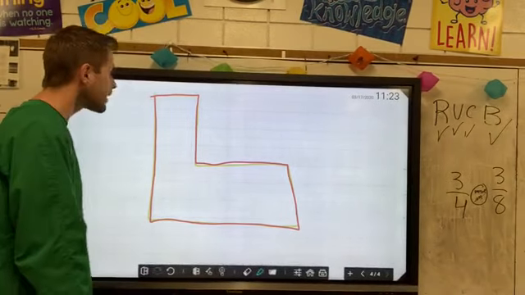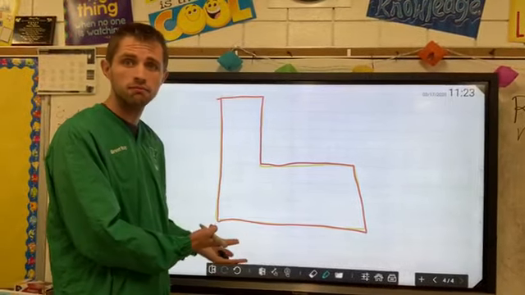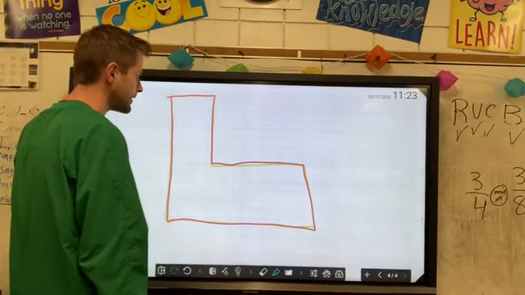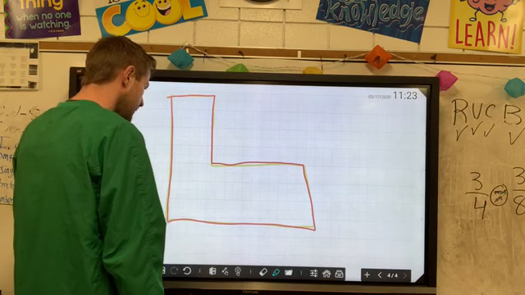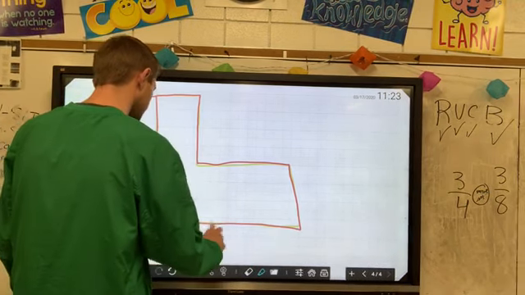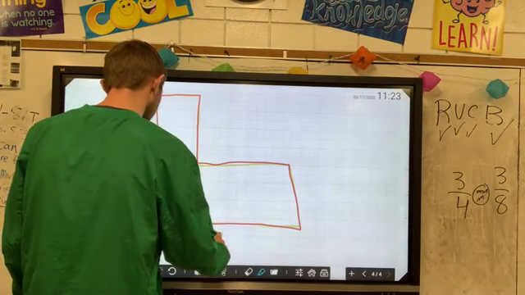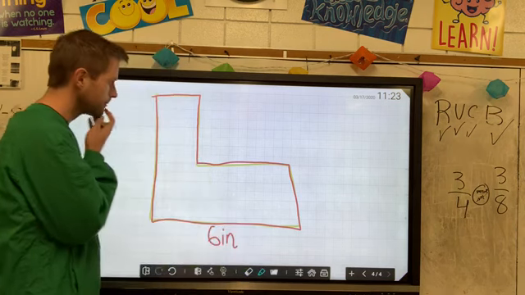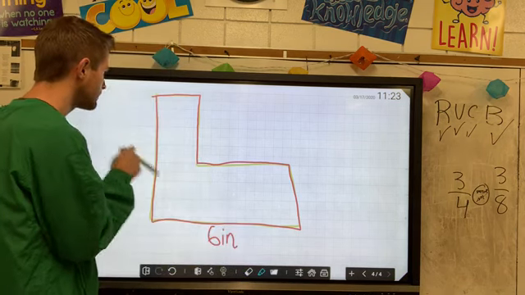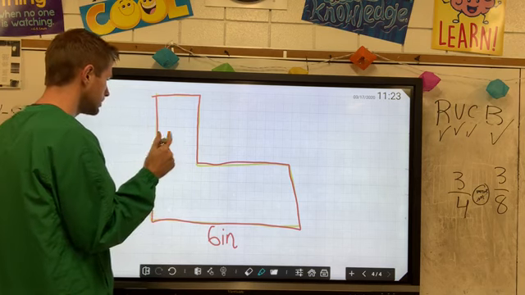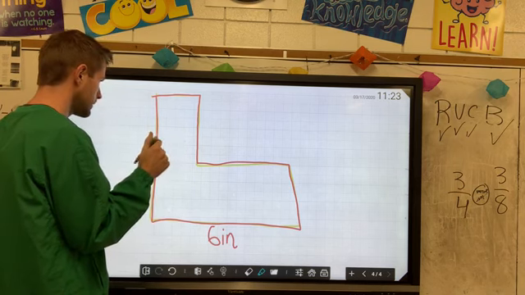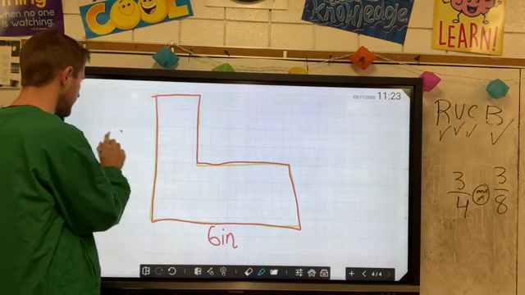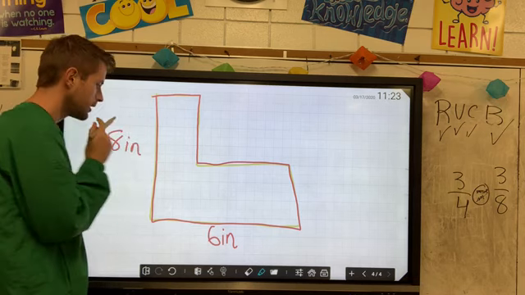So let's say I have this figure here, all right, and I'm going to give it some dimensions. Let's see. This represents 6 inches. And then this looks a little bigger, so let's say this is 8 inches.